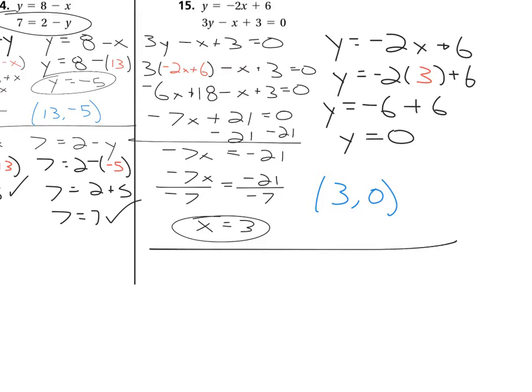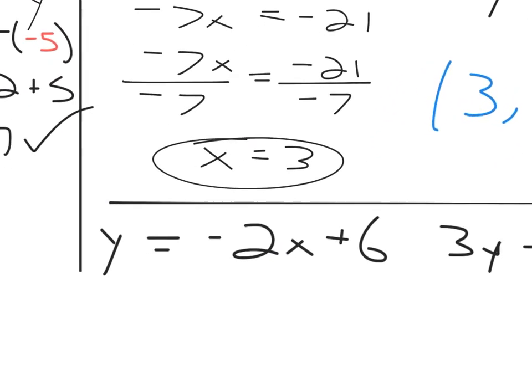Okay, let's test it by writing the original equations. Y equals negative 2x plus 6 and 3y minus x plus 3 equals 0. Okay, we'll do these one at a time.